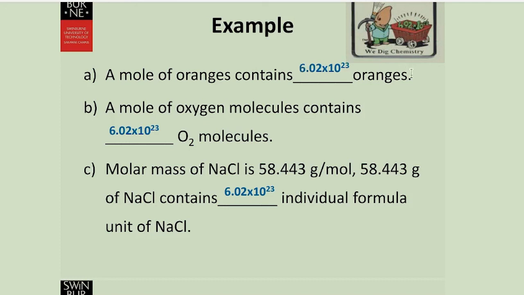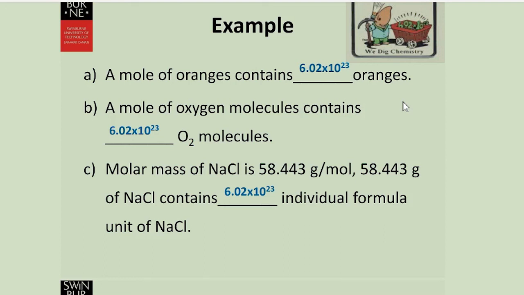Actually, it's a very big number. So 1 mole of oranges contains 6.02 times 10 to the 23rd oranges, just like the 1 GB we use for internet data, where 1 GB always means 1024 megabytes. So 1 mole of megabytes will always be 6.023 times 10 to the 23rd megabytes of data.